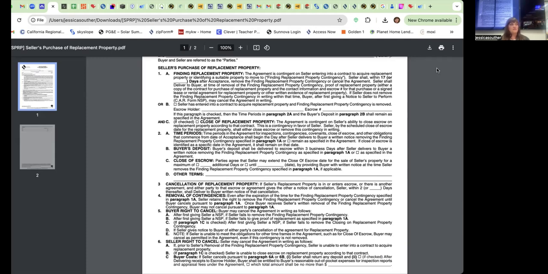So your question is, when they remove that contingency and give you proof, is that day 0 for the seller? I need to go back and read that, because it is day 0 for the buyers, yes. But it doesn't necessarily have to be day 0 on their purchase. It doesn't necessarily mean it's day 0 for the sellers to get all their stuff to the buyers, right, and inspections. It would make sense if it was. I'm gonna go back and read it.